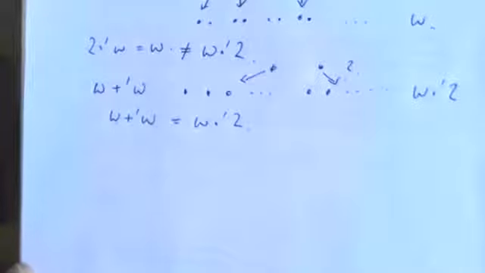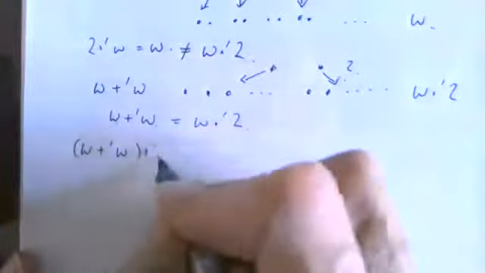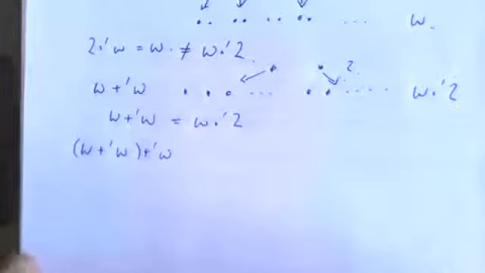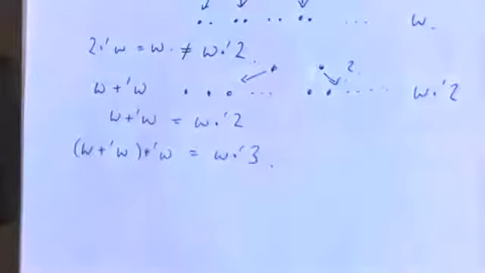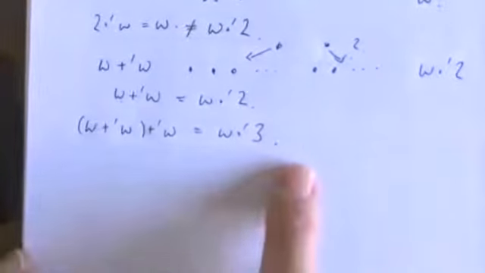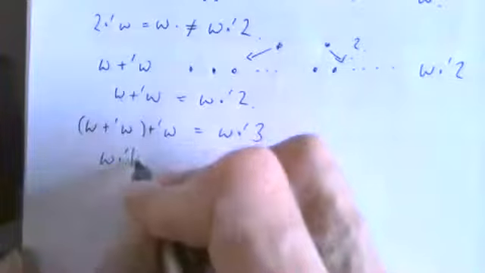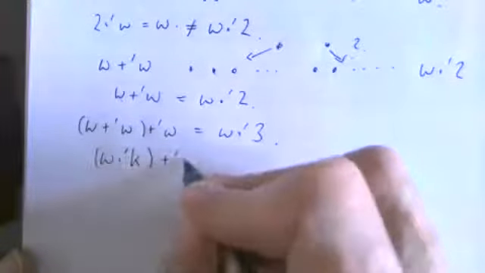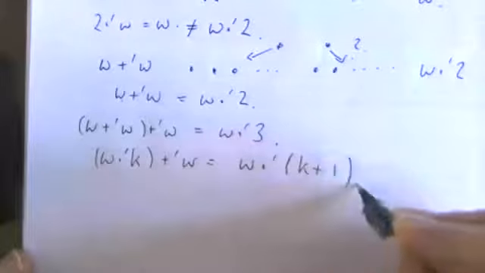And of course, there's nothing stopping me doing this a little bit further. Right? I can start with omega plus omega here, and I can add on another copy of omega. And I'm going to get that this is just the same as this. I could keep repeating this then through omega times k plus omega. This is just omega times, well, k plus 1.